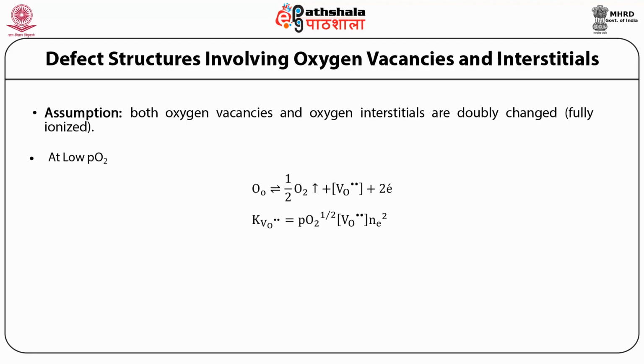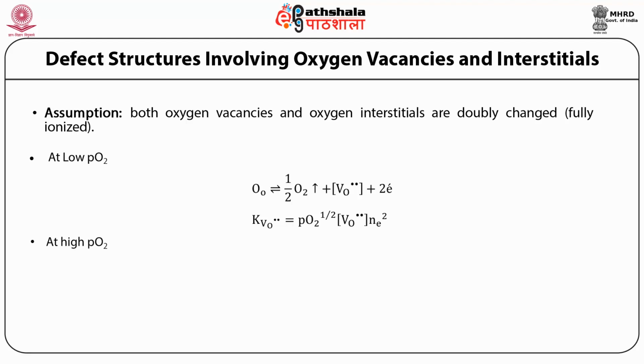Corresponding reaction constant, assuming that the concentrations of MM and OO are equal to 1, is K of VO double dot equals partial oxygen pressure to the power 1 by 2 times the concentration of VO double dot times n squared.